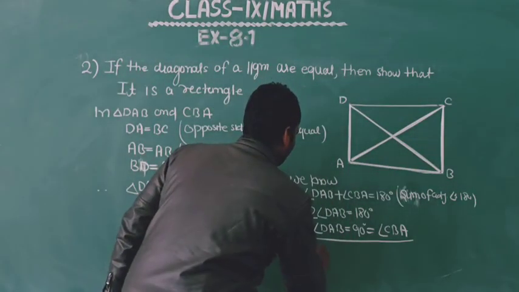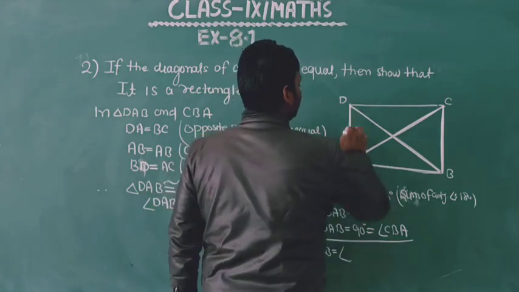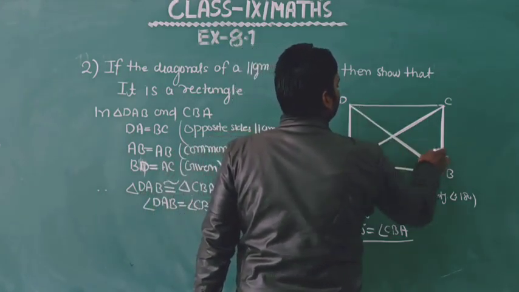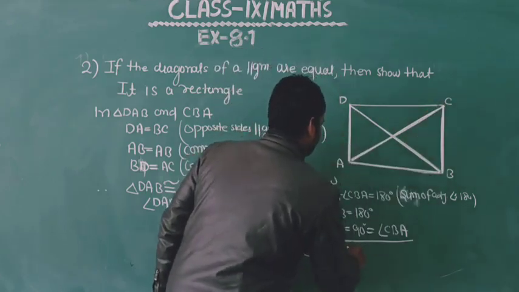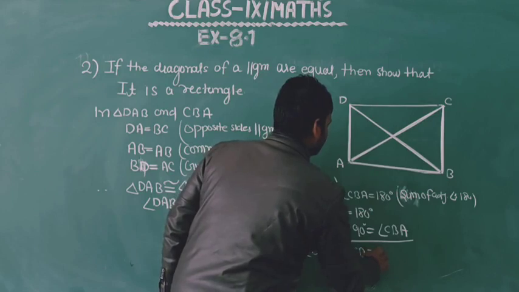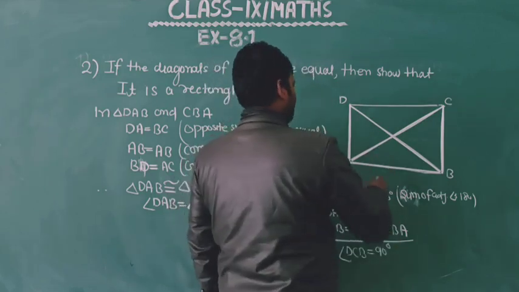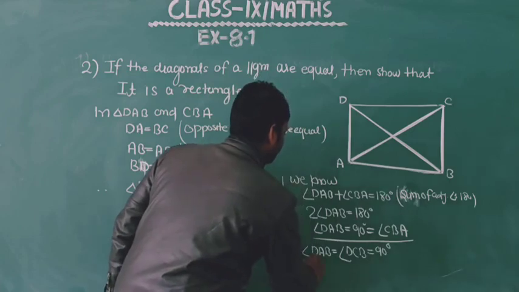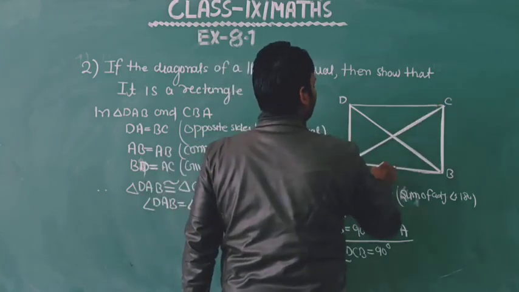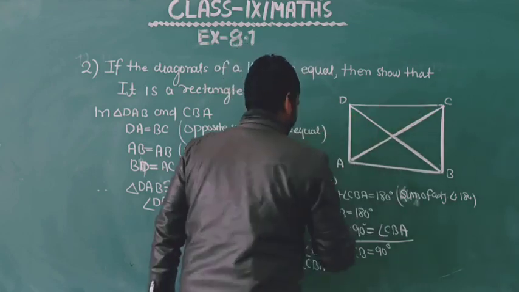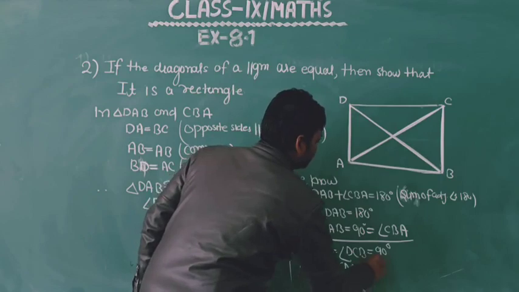So angle DAB equal to angle DCB, which is equal to 90 degrees, and also angle CBA equal to 90 degrees.